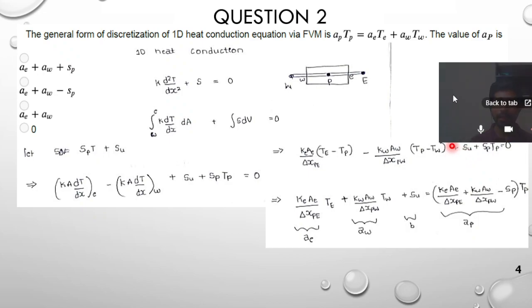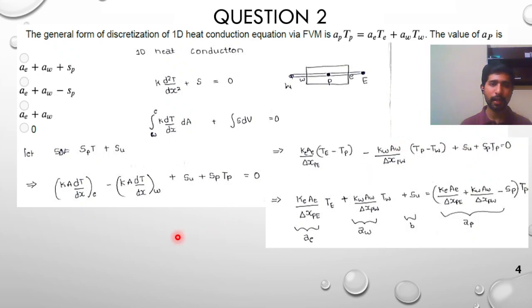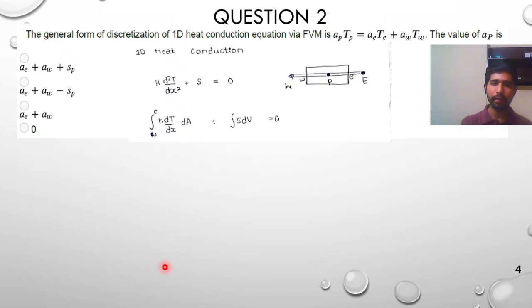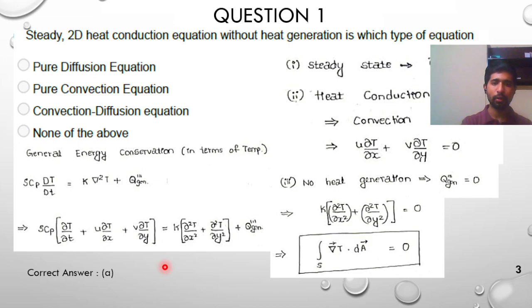As I said, the heat generation or the source term in general. In the previous equation I had written a source term on the right hand side, right? That time you had a heat generation term, which I'm writing as source term.